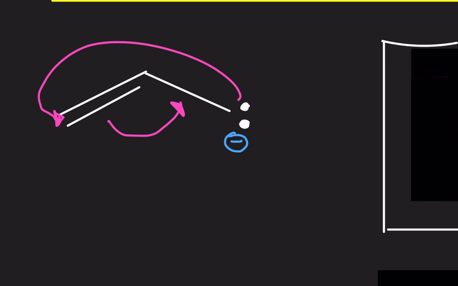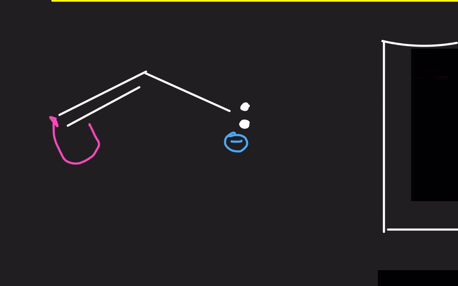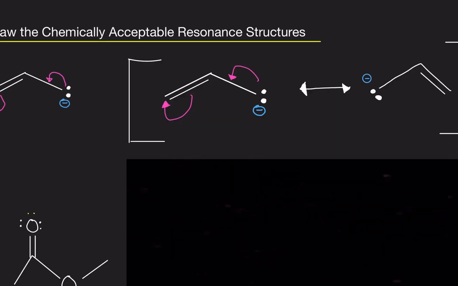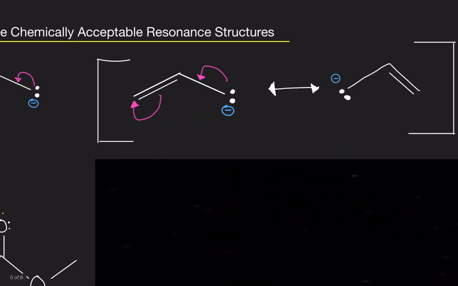That's not allowed. So what do we do? Well, we move one space. We move the double bond to the end here, and we form lone pairs, because that's an intersection. Pretend that's an intersection. We make the lone pairs into a double bond here. And that would be the correct resonance structure. Ta-da! Like that.